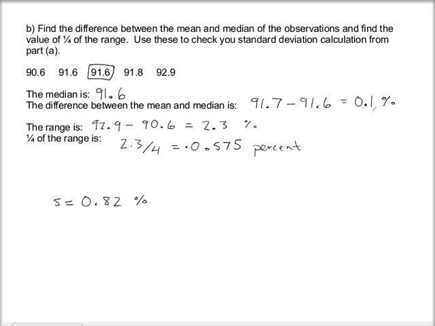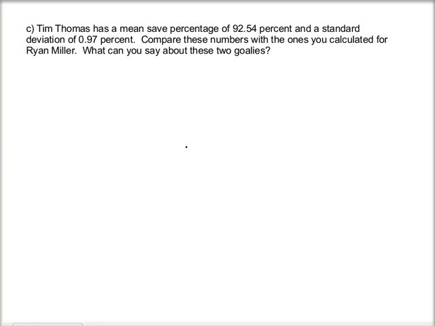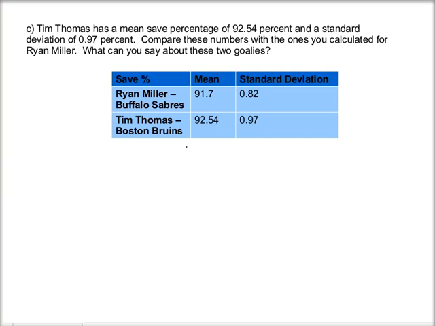So that looks good. For part C, Tim Thomas has a mean save percentage of 92.54% and a standard deviation of 0.97%. So we're going to compare these numbers with the ones we calculated for Ryan Miller and see what we can say about these two goalies. Here I've just made a chart that shows the mean and standard deviation for each of the players.